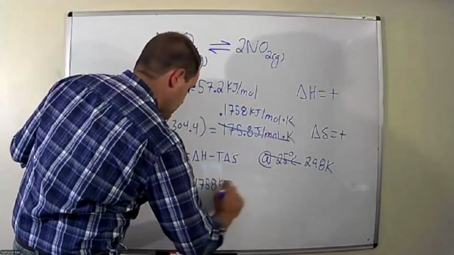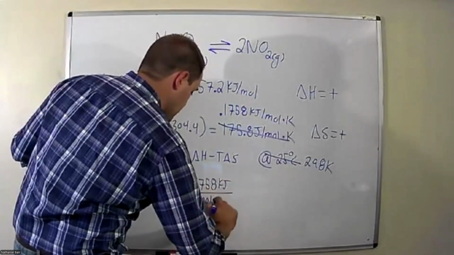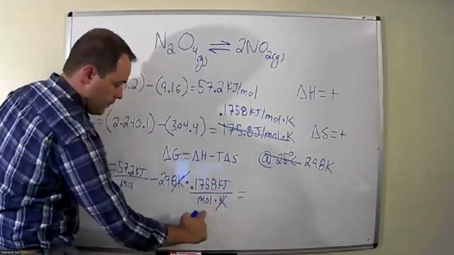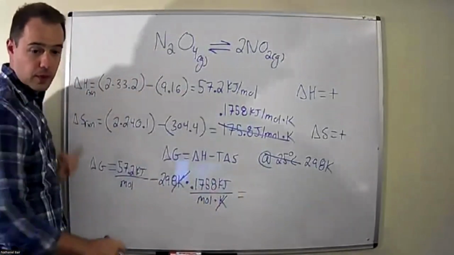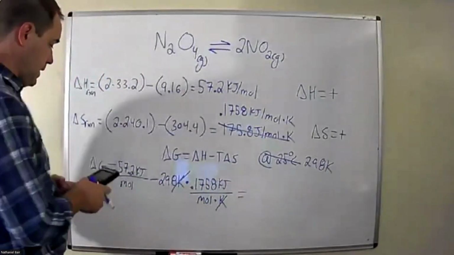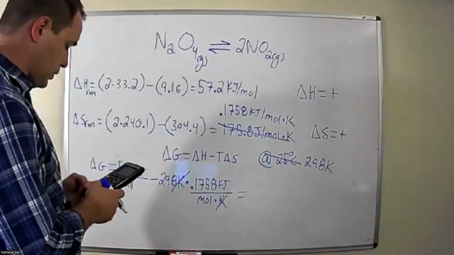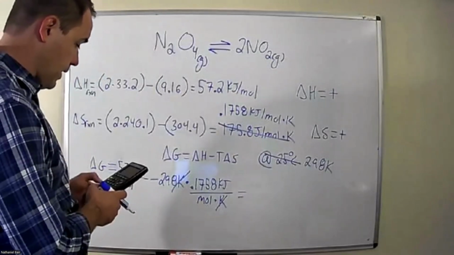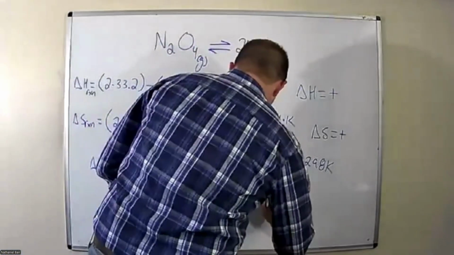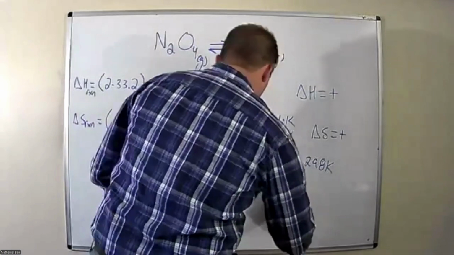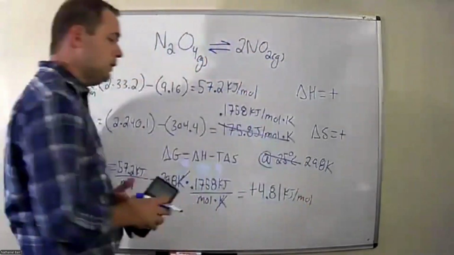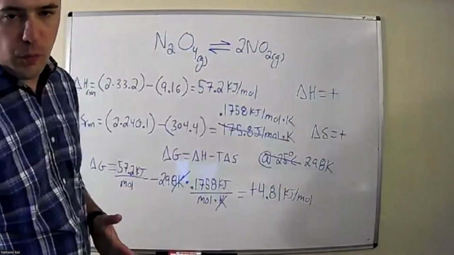The Kelvin will cancel out, and we'll be left with kilojoules per mole when we plug this in. So 57.2 minus the quantity 298 times 0.1758. And I get a delta G of positive 4.81 kilojoules per mole.